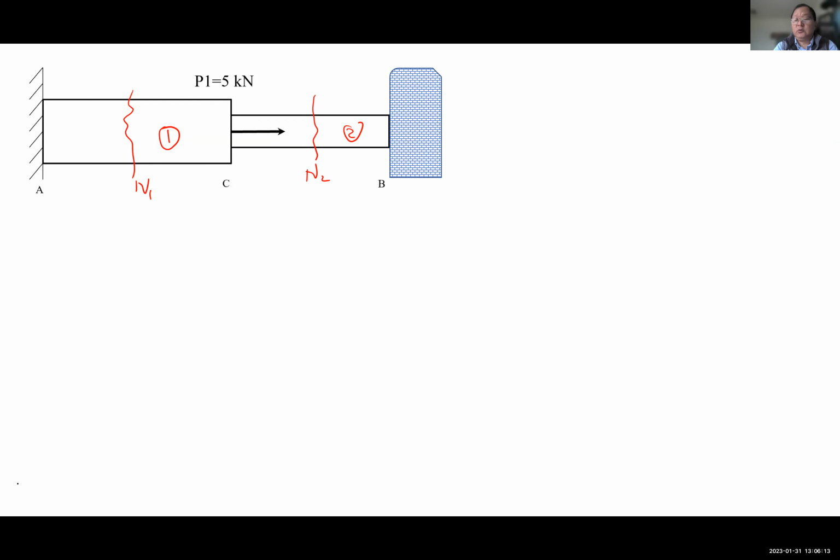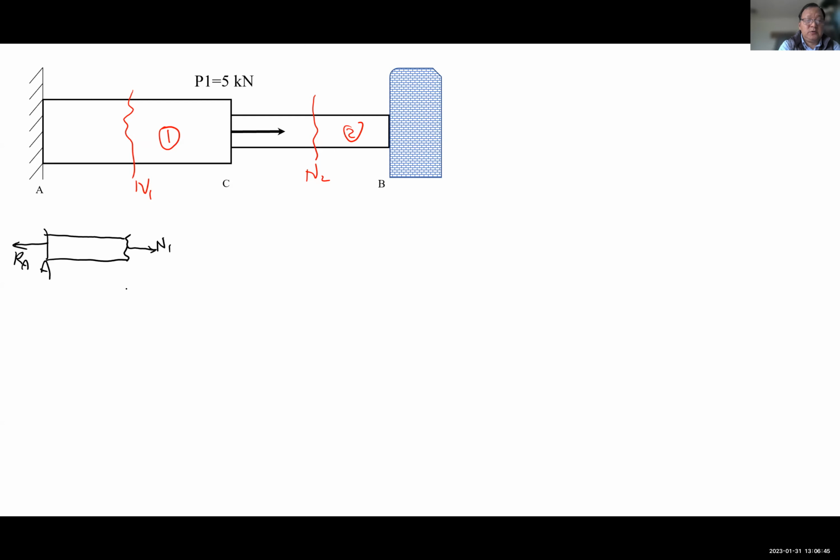Right after the cut, you draw the free body diagram. For example, I can draw this one. I have this side here, this is the cut. This is the wall, so this is point A. Now I have a reaction right here, that's RA. This is what I'm looking for, N1.